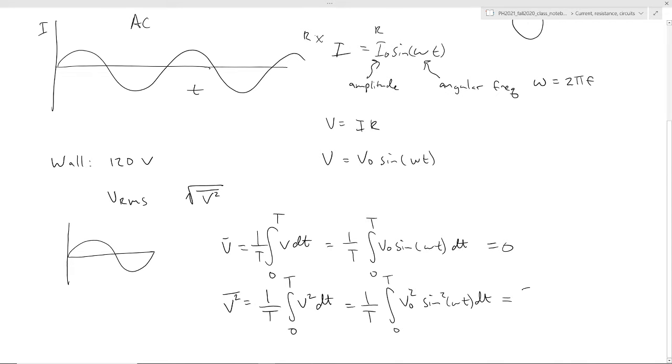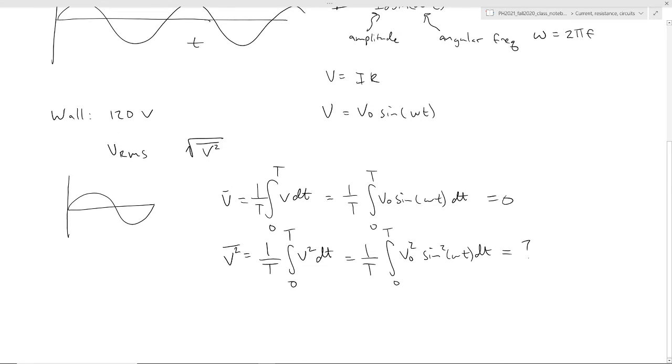Now, this is not so obvious how to integrate, so let's look at that. Oh, and we should say, graphically what that would look like is you would see immediately it's not going to be 0. You square that function, you get something like that. So this would be v naught, and this would be v naught squared.